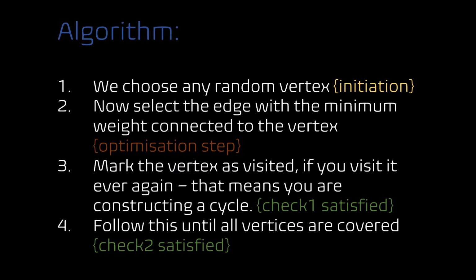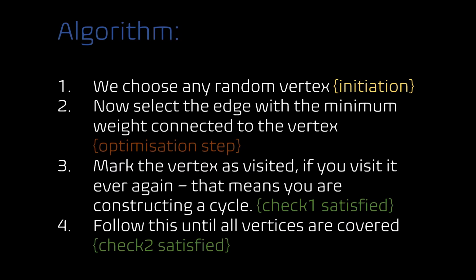Now the third point, mark the vertex as visited. If you visit it ever again, that means you are constructing a cycle. So anytime we visit a vertex, let's say I go from the vertex 3 to 5, I'll mark in the structure where I'm storing the vertices that I've visited the vertex 5.